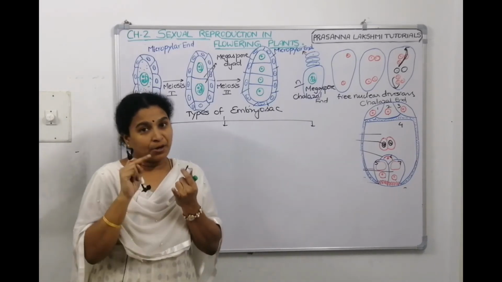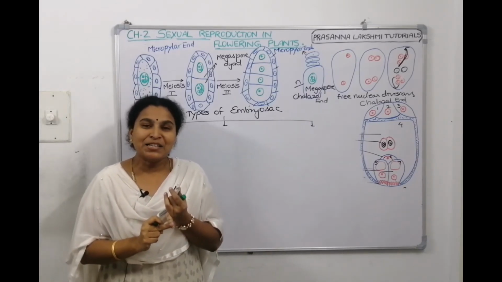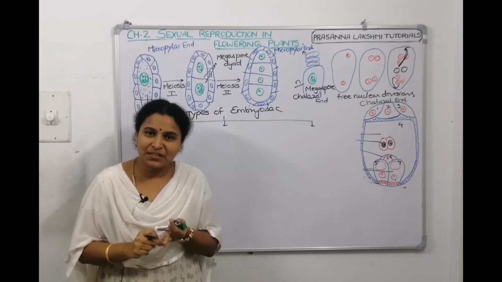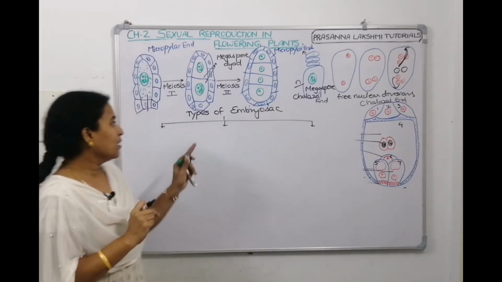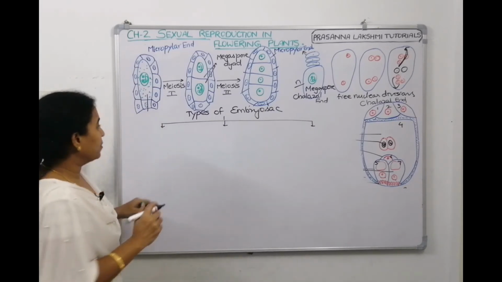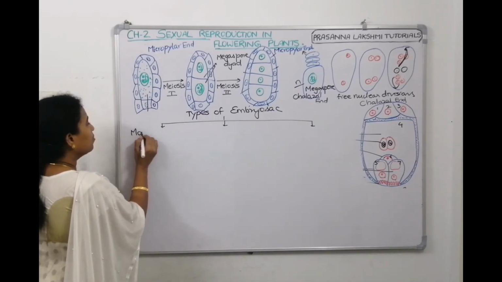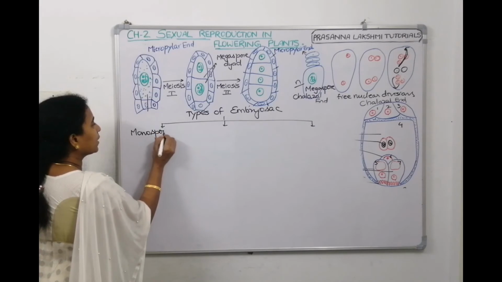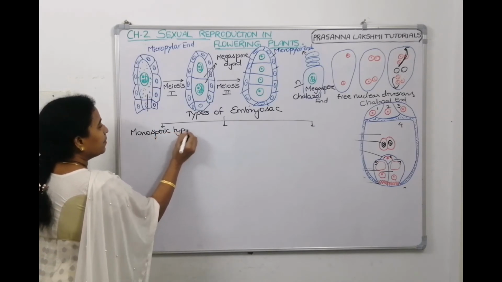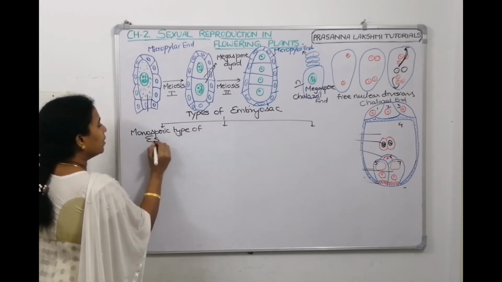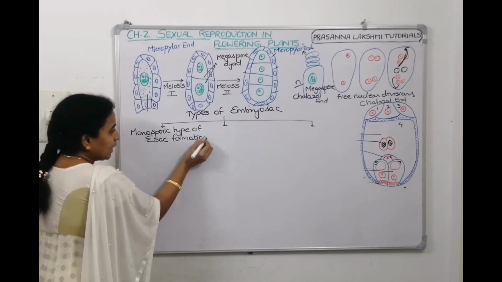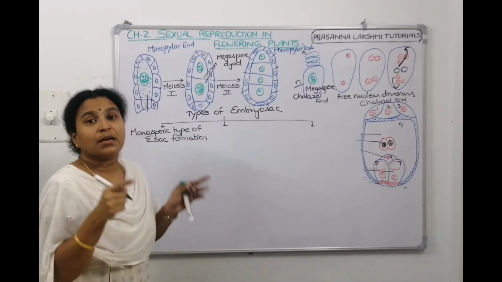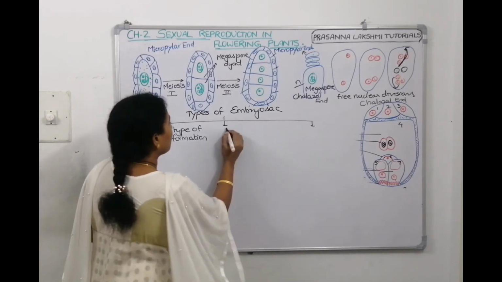Monosporic type of embryo sac formation is there, bisporic type of embryo sac formation is there, tetrasporic type of embryo sac formation is also there. So three types of embryo sac formation are there. What's the first one? Monosporic type of embryo sac formation. Second type is bisporic type of embryo sac formation.